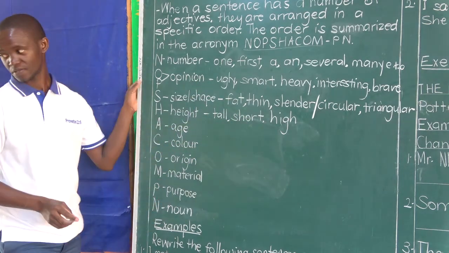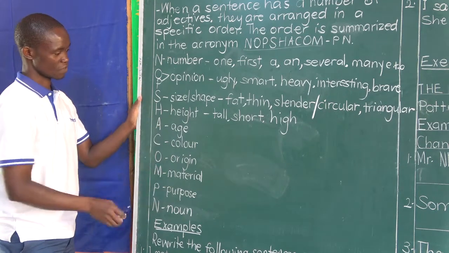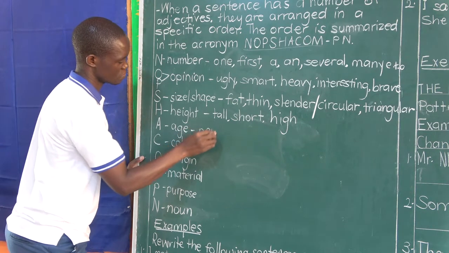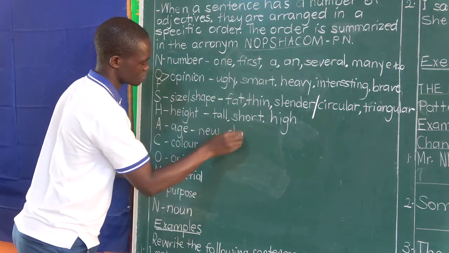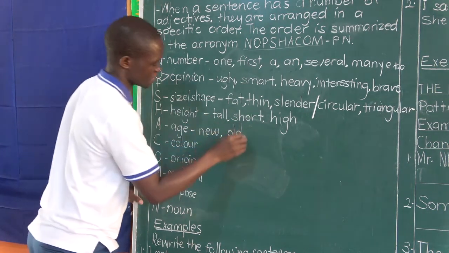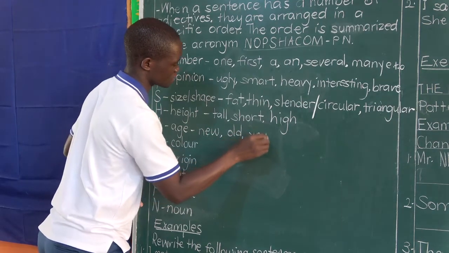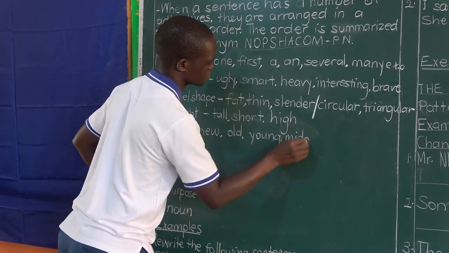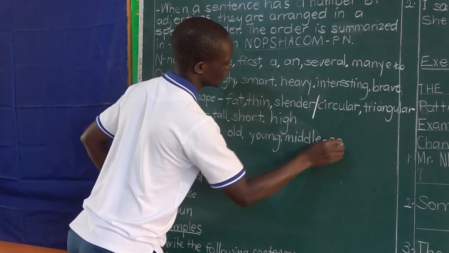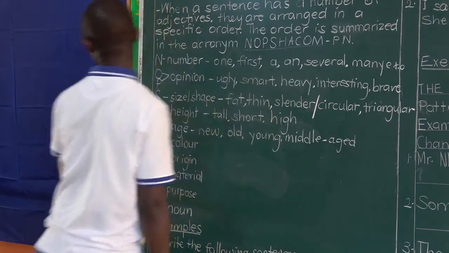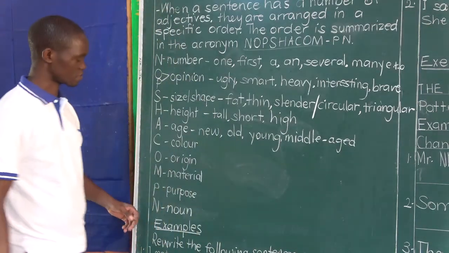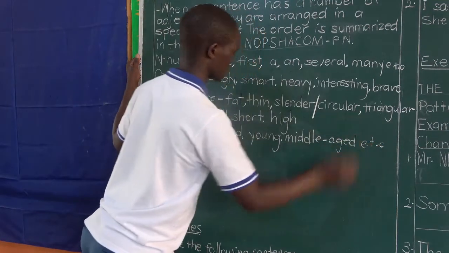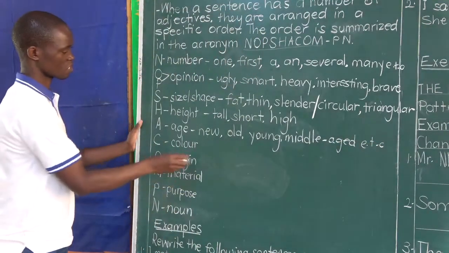A long place. Next, we have adjectives of age. We have words like new, words like old, words like young, words like middle-aged, and so on and so forth, etc. Next, talk about color.